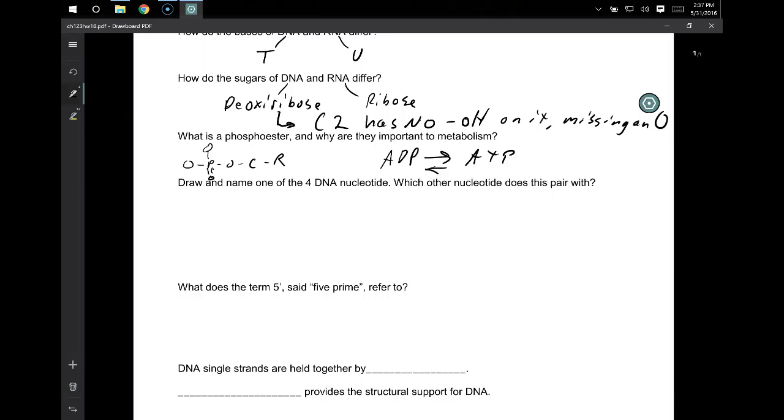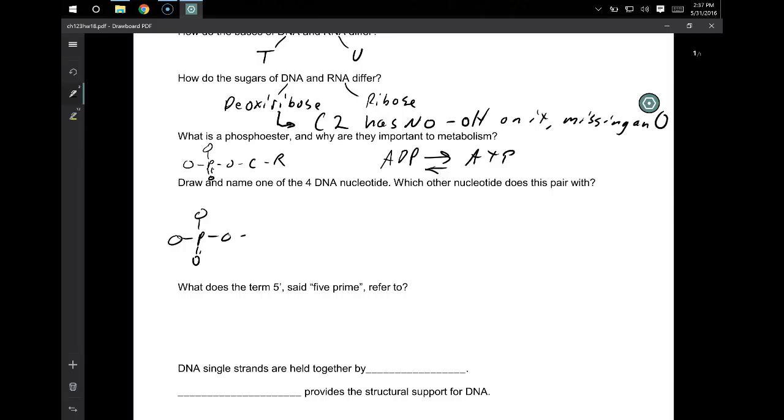Draw and name one of the 4 nucleotides and determine what its pair is. So what do we got drawn? So we need a phosphate.